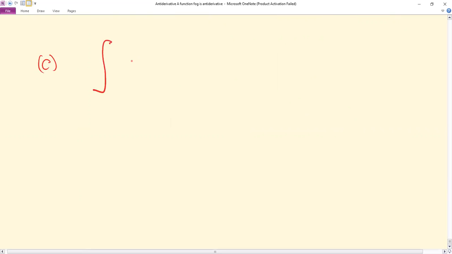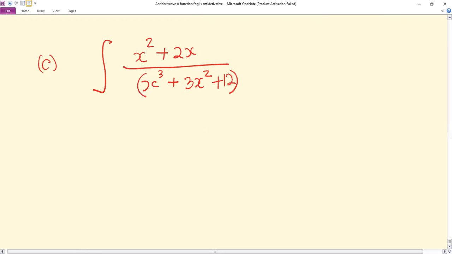Integral of x squared plus 2x divided by x power 3 plus 3x squared plus 12 raised power 6, and then dx.